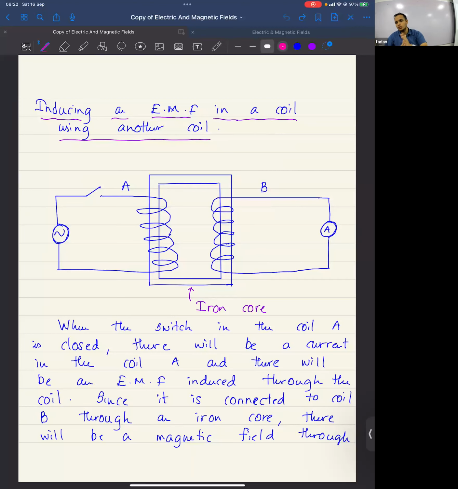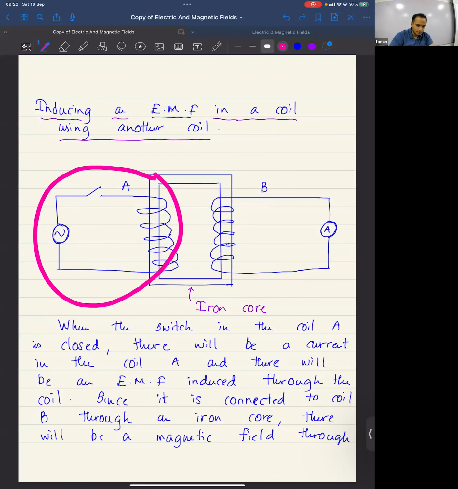Okay, listen. So there are step up and step down transformers. The idea behind them is this. Now there are two coils. We can call this the primary coil, and this is the secondary coil. So how does it work?